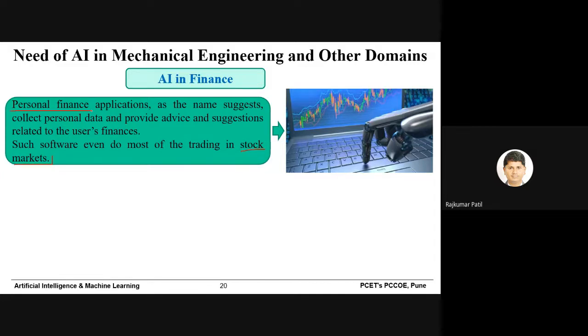The credit score is considered an important parameter for giving a personal loan. And again, how much loan should be given to a person is also based on your credit score. So that part is very important, and this is how AI is coming into the picture to make such decisions.